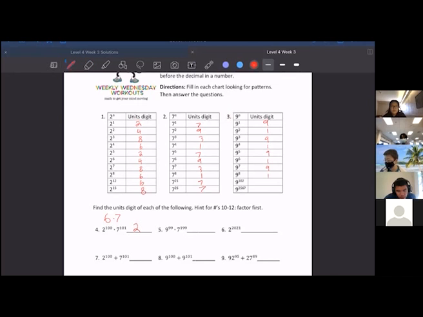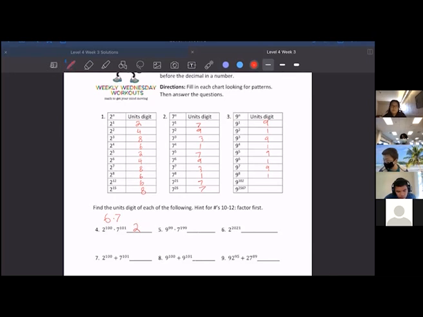So if we look at 9 to the 102nd power, can you take a guess at what that's going to be? Yeah, so it's going to be 1.